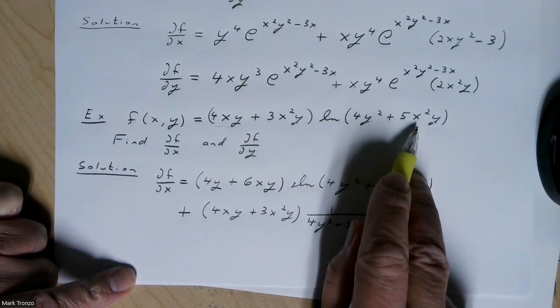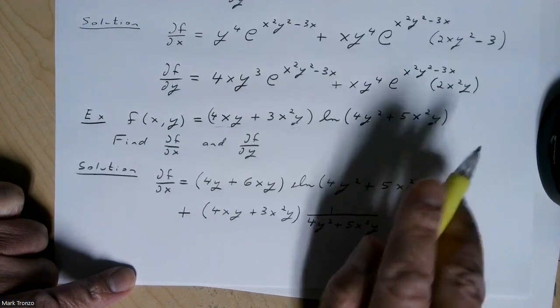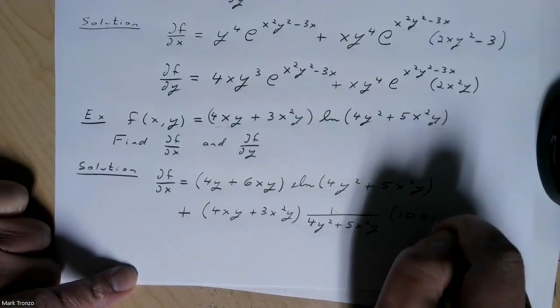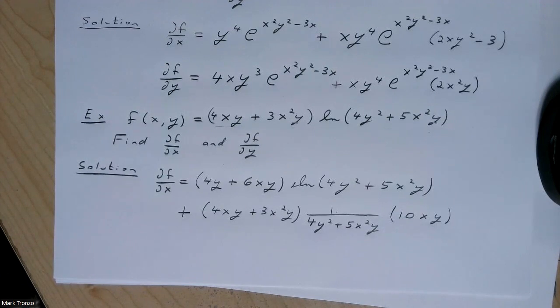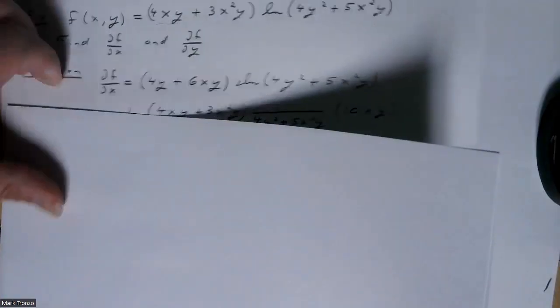And then over here, with respect to x, what's that going to be? 10xy. I think I'm going to run out of room on my paper here, so I'm going to have to go to a next page to do the next derivative.